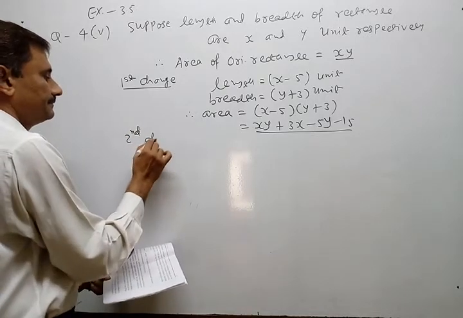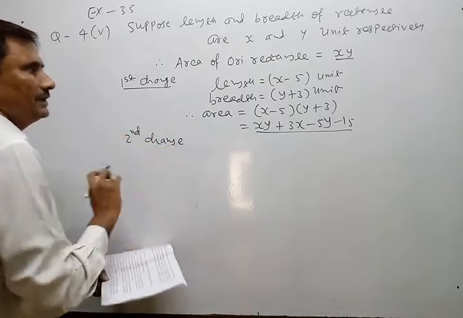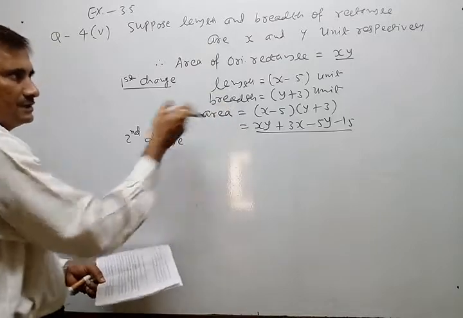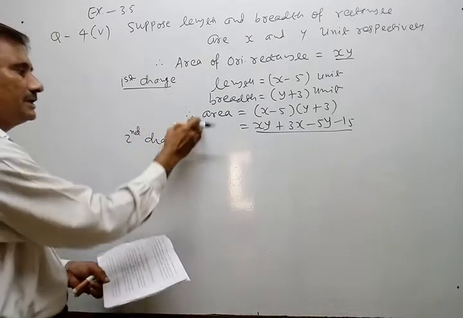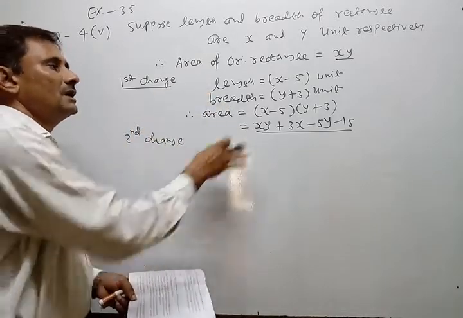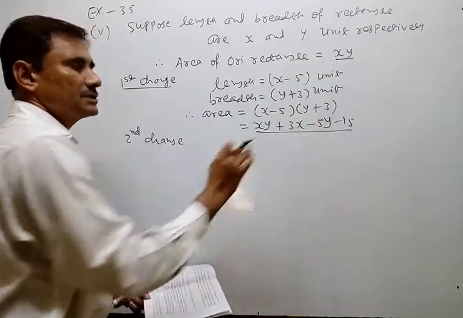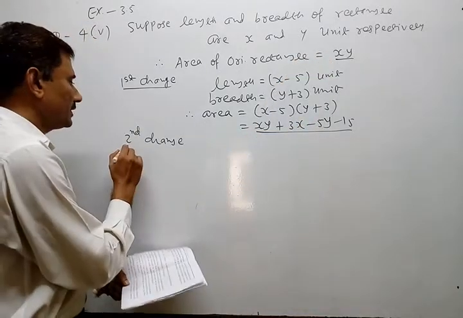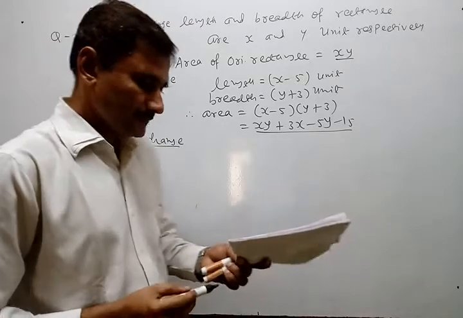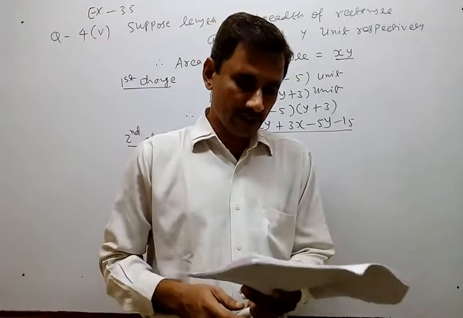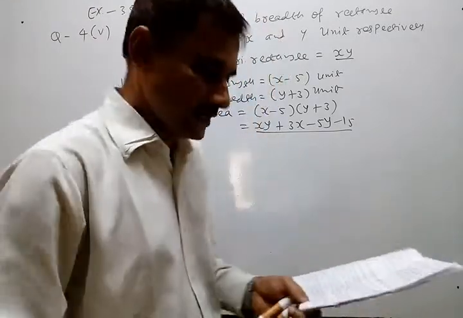So, second change. We can get the first equation also from here, but first of all we derive all these expressions of area. Now in the second sense, what are they going to tell? If we increase the length by 3 and the breadth by 2, both are increased.